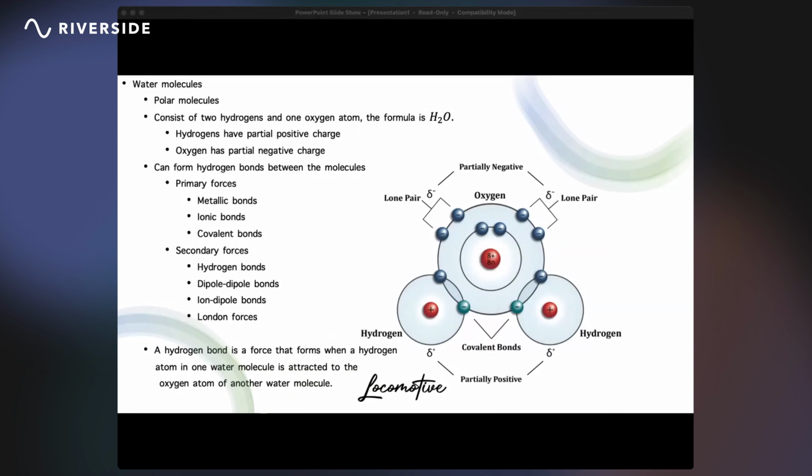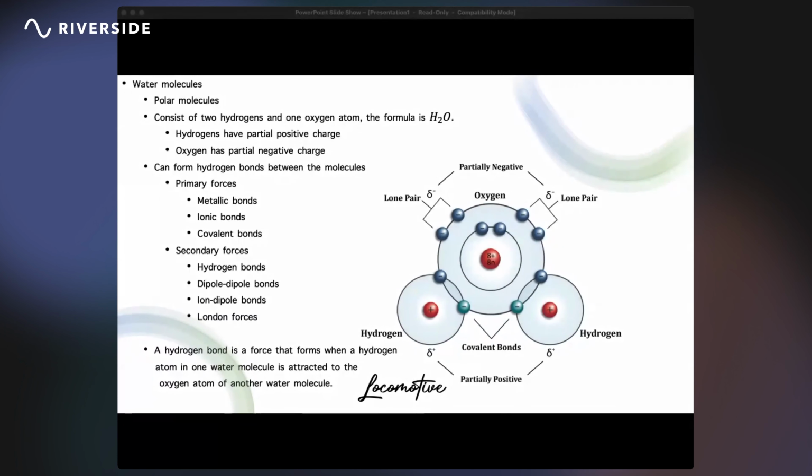Secondary forces, or intermolecular forces, have a different story. They are attractive forces between molecules in solid and liquid states. Let me repeat it again. Secondary or intermolecular forces are attractive forces between molecules in solid and liquid states.